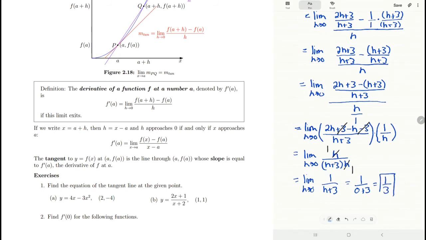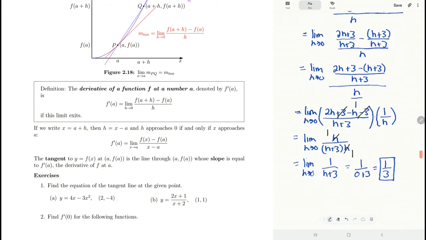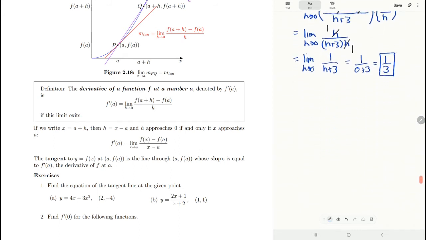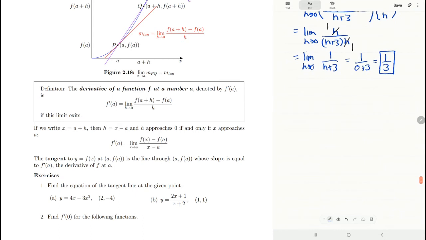And so the slope of the tangent line is 1/3. So now we can write the equation of the tangent line. So we have y minus 1 is equal to 1/3 times (x minus 1). So this is our equation of the tangent line.